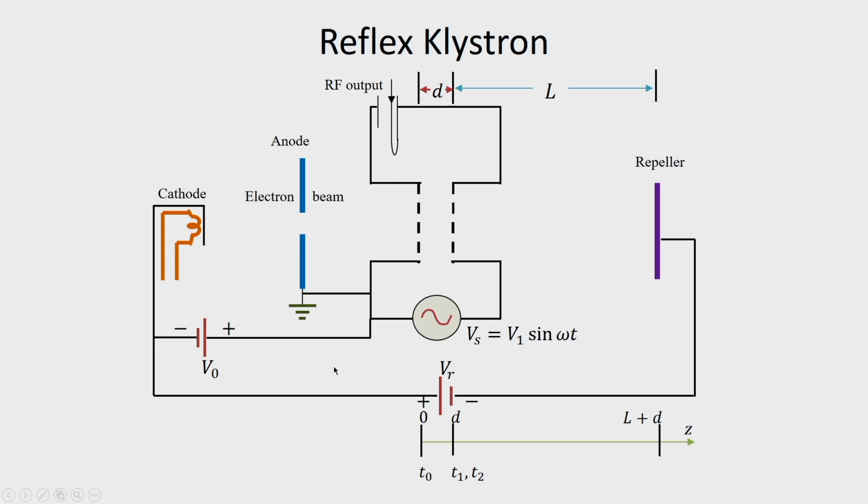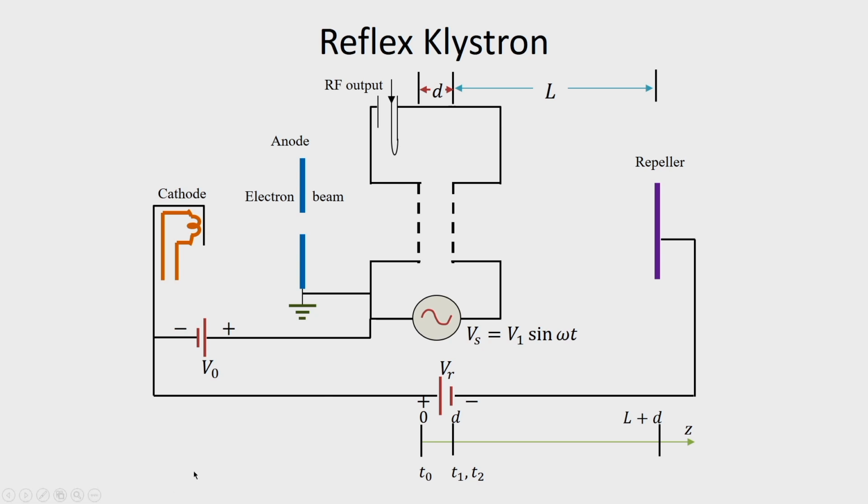Since it is an oscillator, it has only one output, but for the sake of explanation, we are assuming a small AC signal already present here.